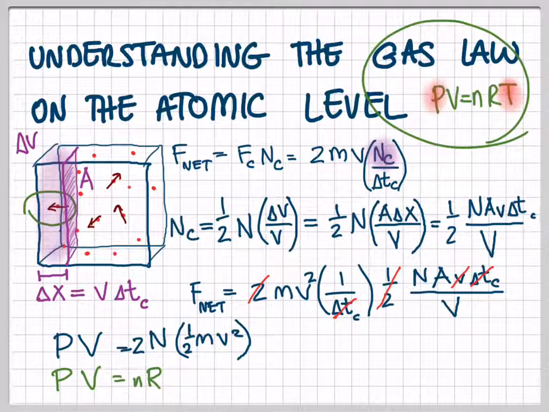And with the macroscopic calculation, obviously we have our final variable associated with T: PV equals nRT. Now hopefully you are noticing a parallel here, that the temperature from the macroscopic idea of the gas law is related to this thing in our microscopic version of the gas law. And that microscopic version, 1/2 mv squared, should be familiar to you. That is a term for the average kinetic energy of each of the molecules in the gas.